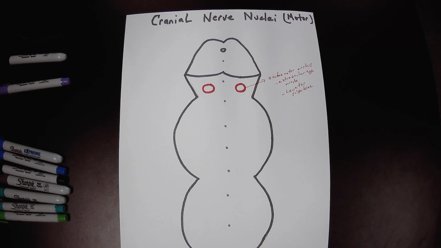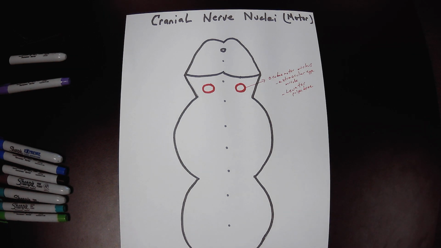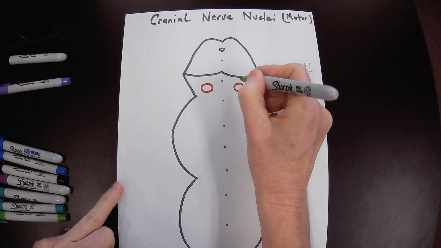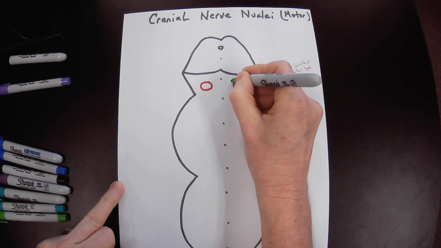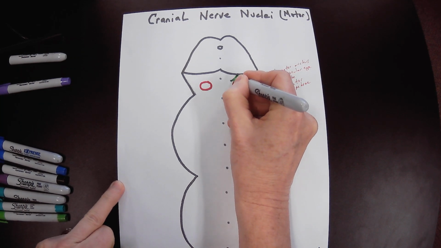In addition to the levator palpebrae and extraocular eye muscles, cranial nerve number 3 also has some parasympathetic things that it does. Does anybody remember what those are? Yeah, lens accommodation and pupillary constriction, right? So cranial nerve number 3, to do these things, uses a different nucleus.